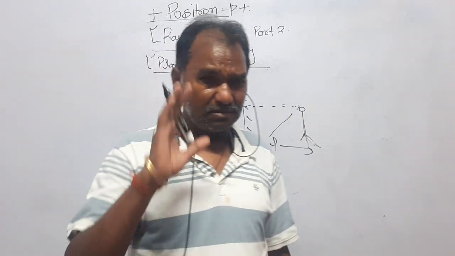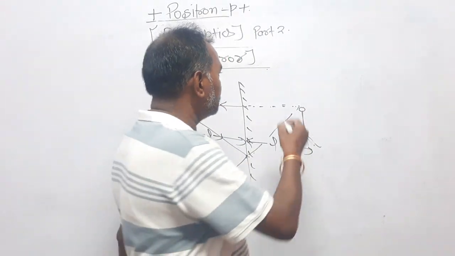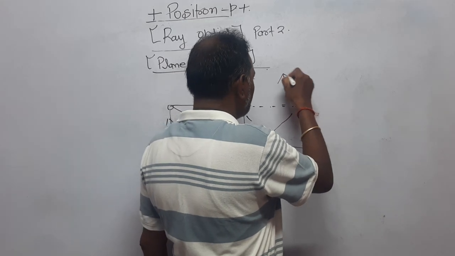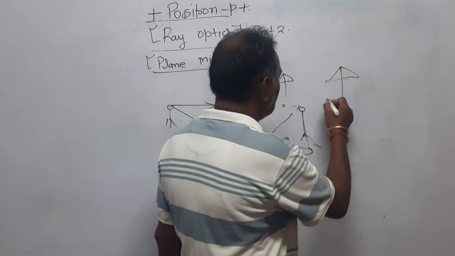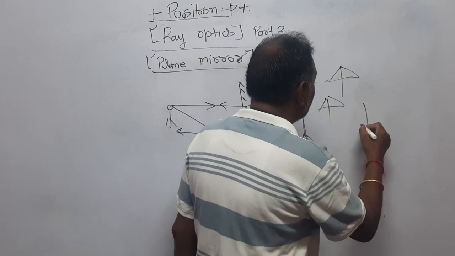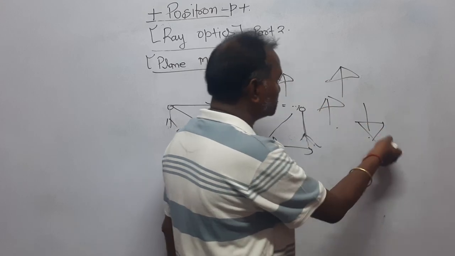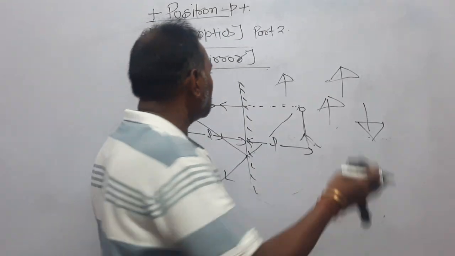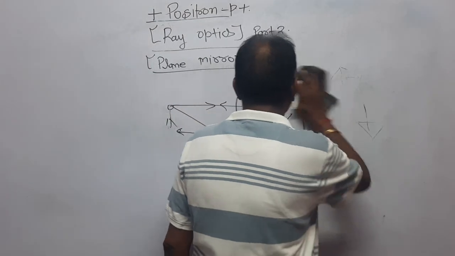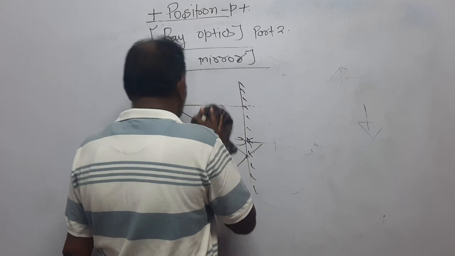Erect means if the object is like this, then the image will be made like this. And if it is not like this, then it is called inverted. So dear student, this is the way to make the image. Let's discuss something more about the plane mirror.